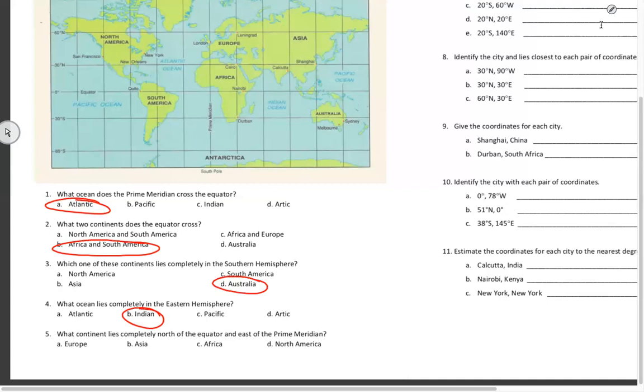Asia. Okay, so Asia's all up here. So Africa's obviously not it, right? Because Africa, we have a part. North America, no. Europe, no, because that part goes over the prime meridian. So you are correct in Asia.